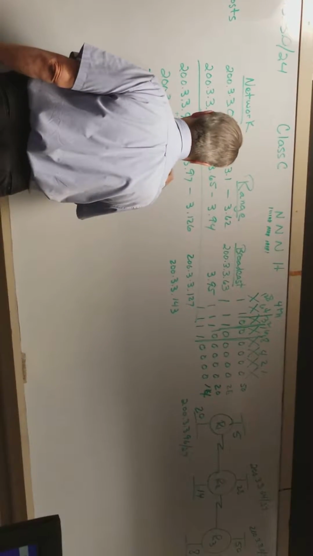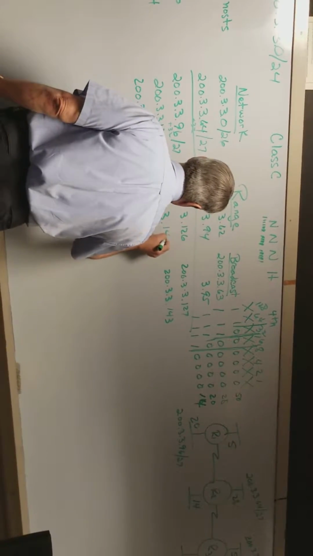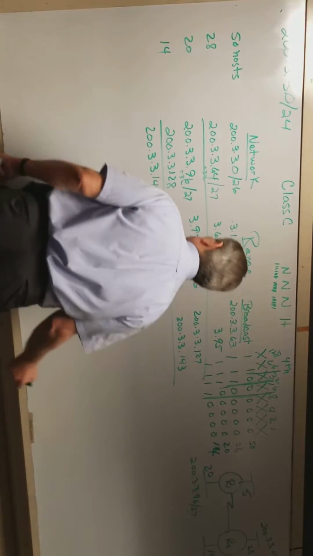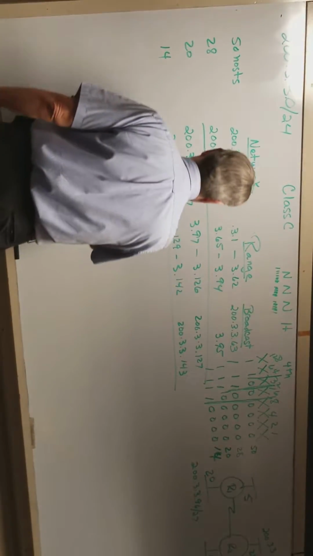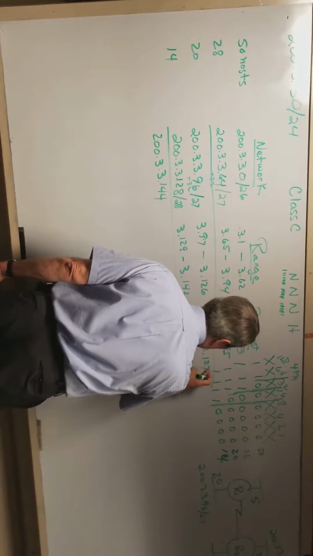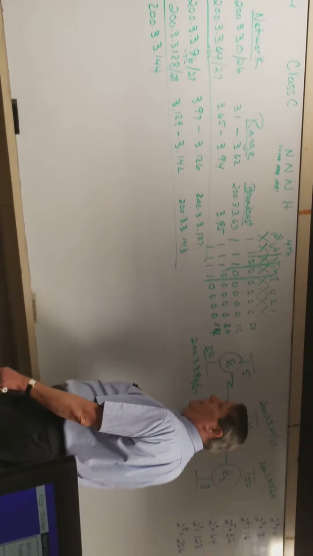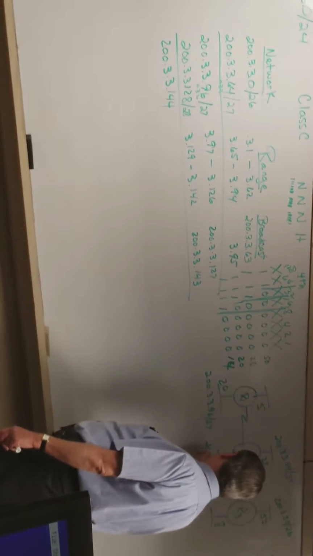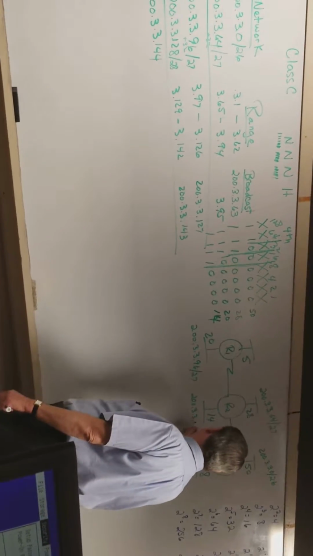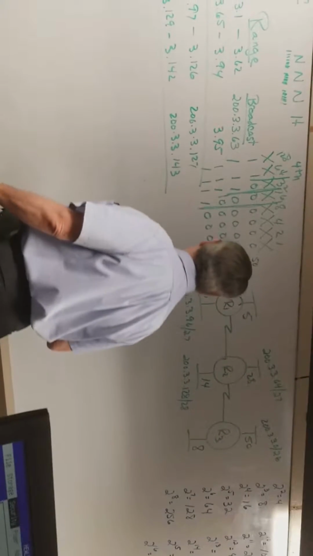So I can go from 3.129 up to 3.142, one more than this and one less than that. I get to 128 there, and that's going to be a slash 28, 24, 25, 26, 27, 28. So this is 200.3.3.128 slash 28.